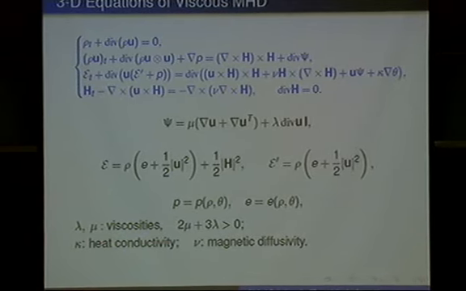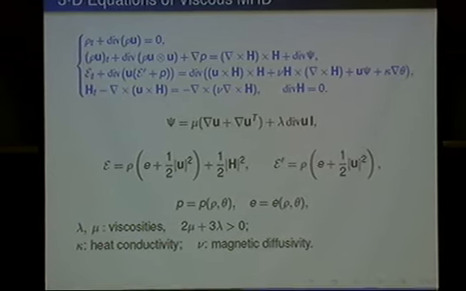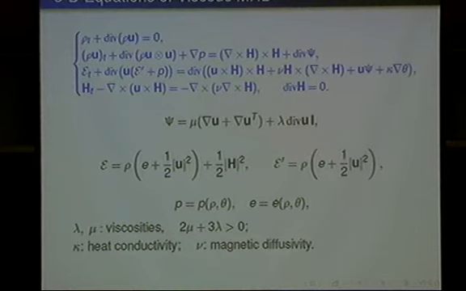The magnetic field has this condition: divergence H equal to 0. This is not actually an extra equation, but you can get it from the initial data, because if you take the divergence of the equation, you get that the time derivative of the divergence of H is 0. So if the initial data has zero divergence, then this is automatically true.